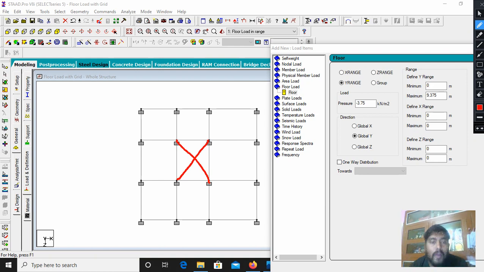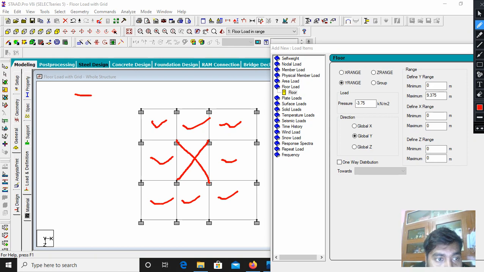So only this, this, this, this, this will be created. Now from here this is the x-axis, and from here this is the z-axis.